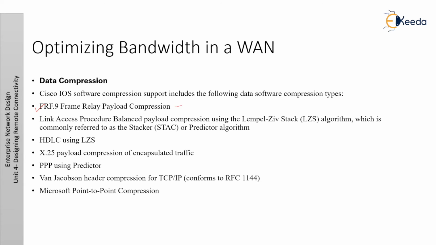There are different standards: Link Access Procedure Balanced payload compression using LAPB with the LZS algorithm, which is commonly referred to as the Stacker or predictor algorithm (STAC); HDLC using LZS; X.25 payload compression of encapsulated traffic; PPP using predictor; Van Jacobson header compression for TCP/IP conforming to RFC 1144; and Microsoft Point-to-Point Compression. These are the different techniques.